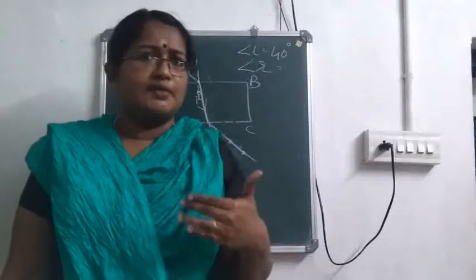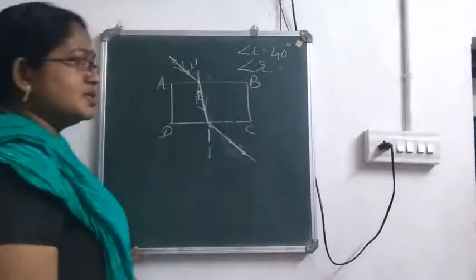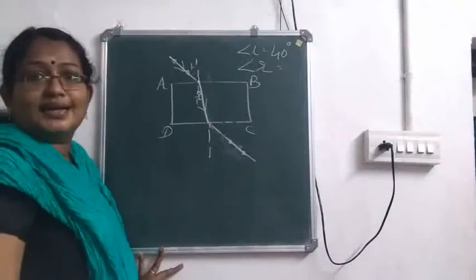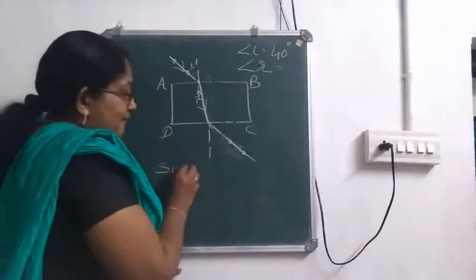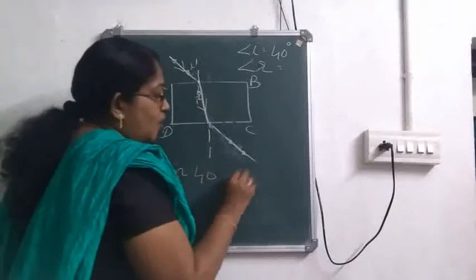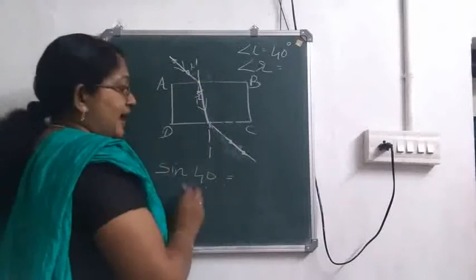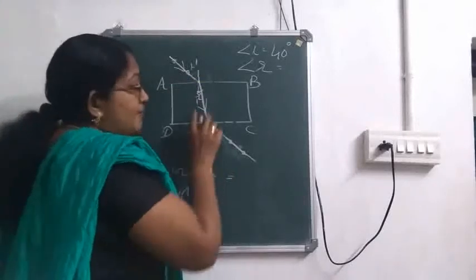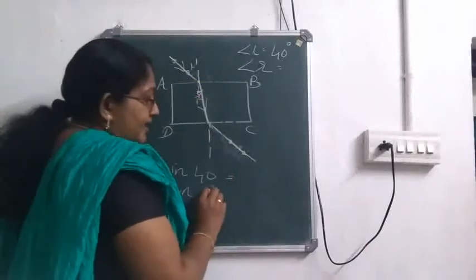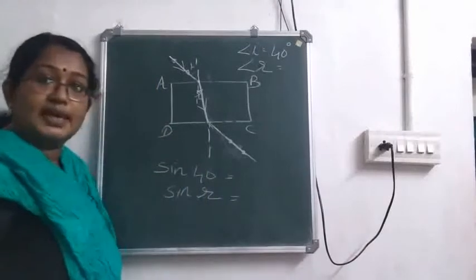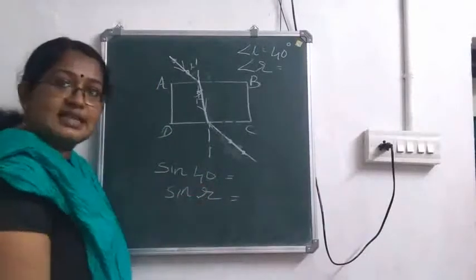I think already you have learned it in maths, or using a scientific calculator we will be getting the value. So what we have to do is find the value of sine 40. Then here also we are measuring the value. So measure the angle and find the value of that. Okay. Then we have sine I and sine R.